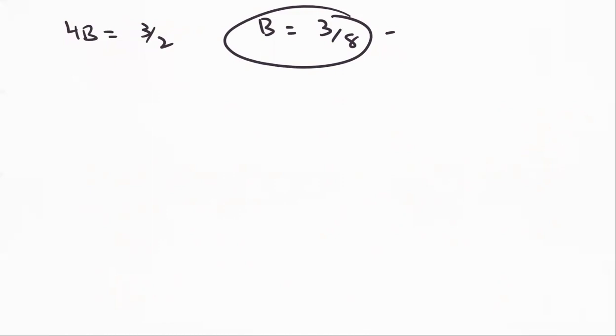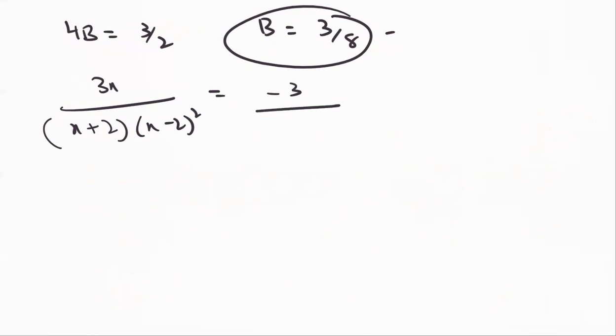So our expression that was 3x over x plus 2 x minus 2 square can be written as minus 3, can be written as -3.